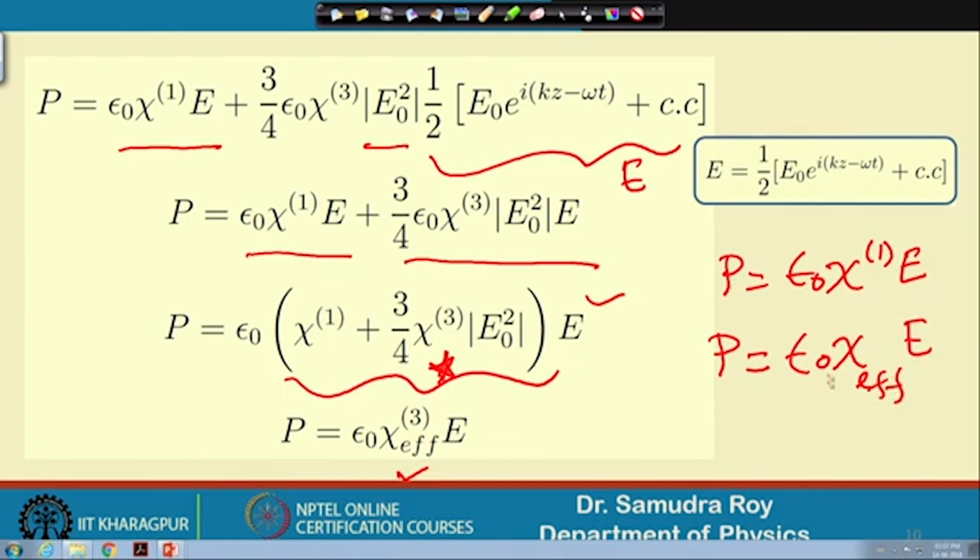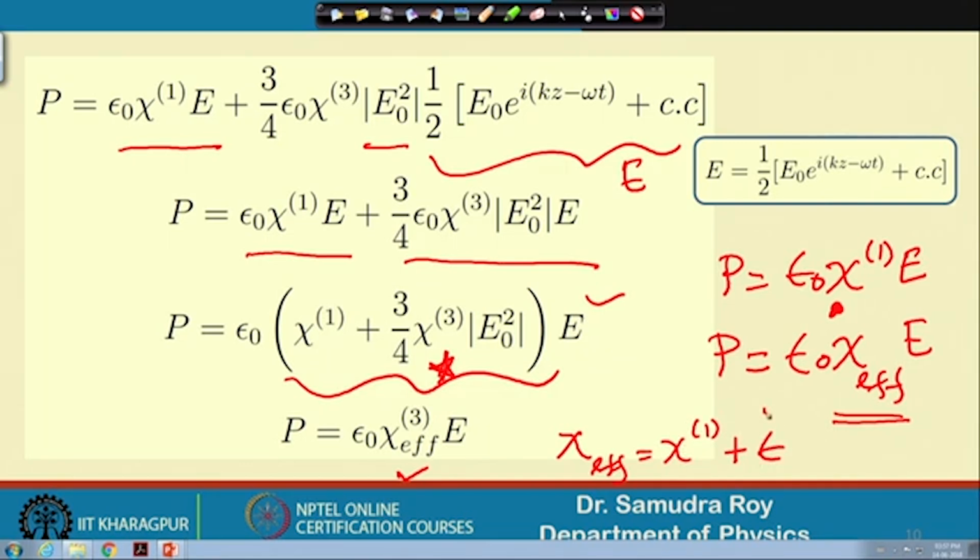The expression looks pretty much the same, in both cases it is proportional to the electric field, but inside this expression we just need to replace this chi 1 with chi effective, where chi effective is related to chi 1 as chi effective is equal to chi 1 plus something, plus I write it as epsilon.